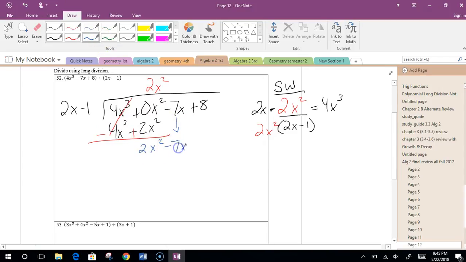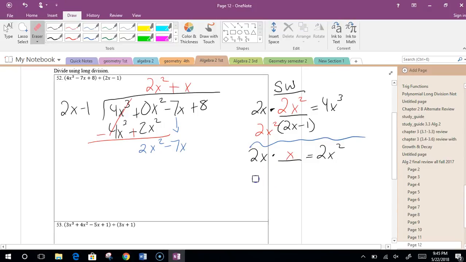Bring down your next term, minus 7x. So the next step in the scratch work, again, we start off with 2x times something. This time it has to give us 2x squared. Well, I already have the 2 to speak of, so I don't need a whole number. In order for me to make an x into an x squared, I need to multiply by x. So that's going to be my next part of my answer.